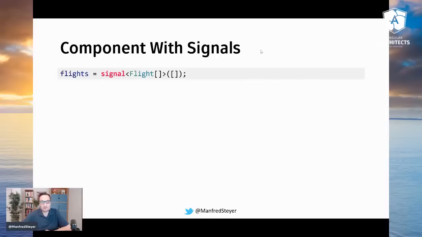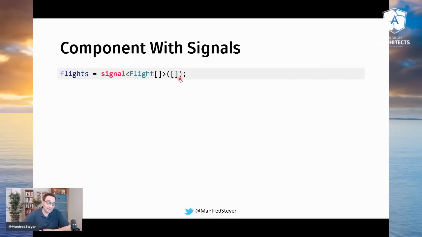However, in the case of signals, we would need to wrap everything we want to data bind into a signal. And for this, we could go with this signal helper function. It takes the value we want to wrap. It takes the data type like flight array. Most of the time you don't need to pass in this type parameter because most of the time signal can infer the type from the default value.